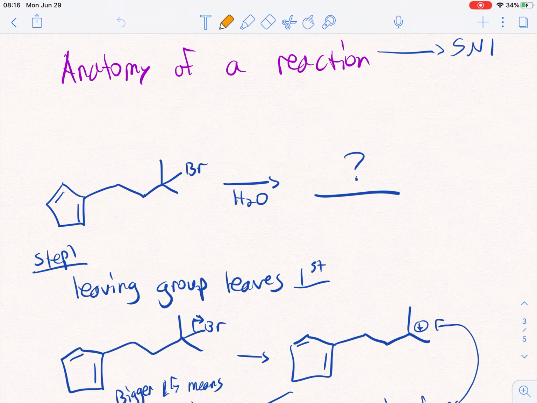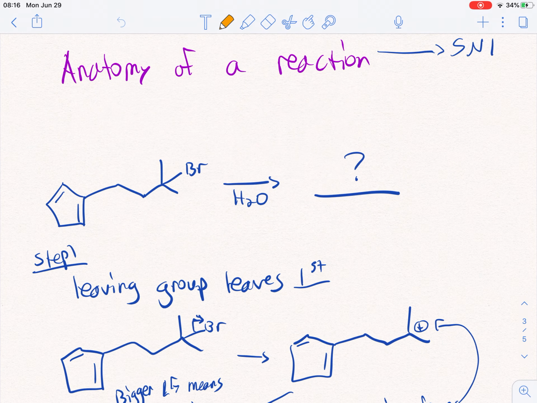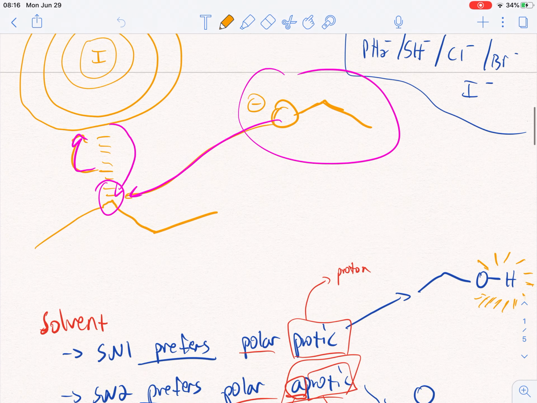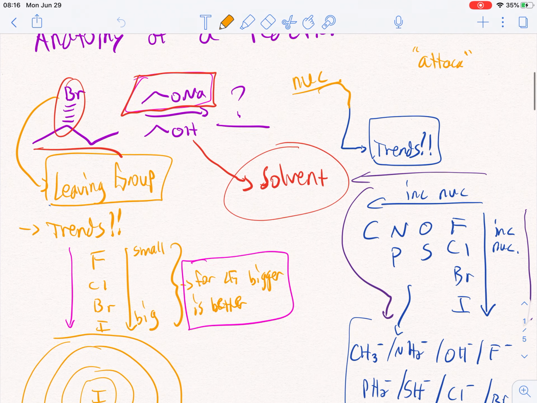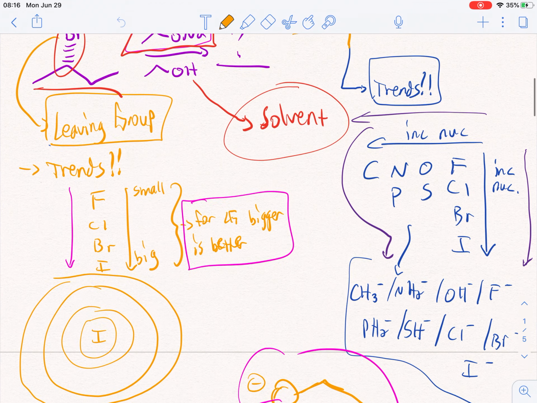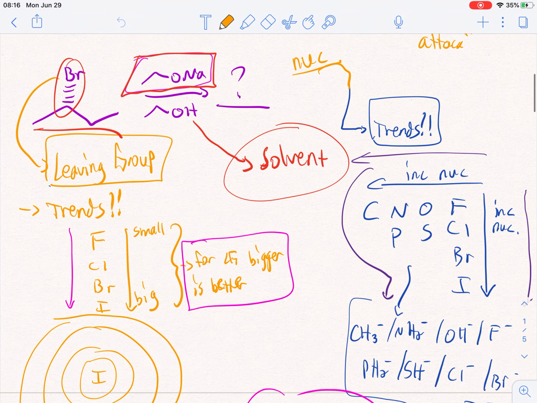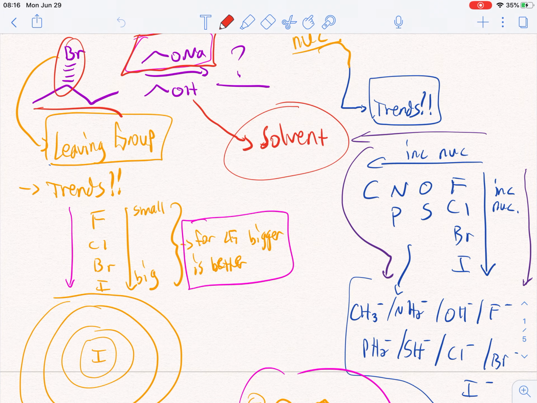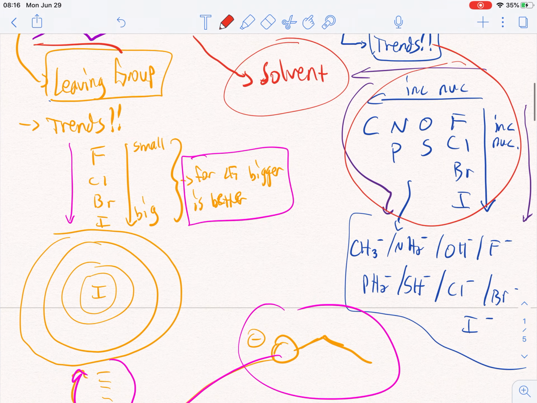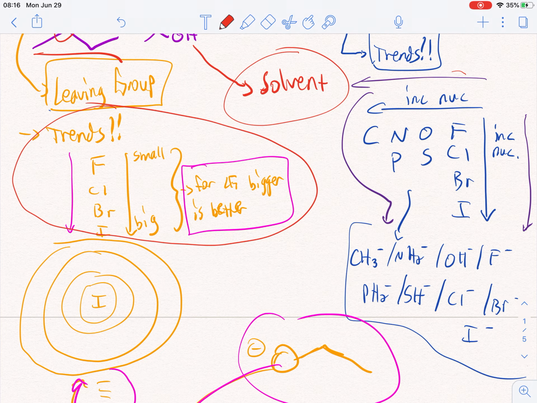So let's go through the anatomy of a reaction, right? We did SN2 before and talked about all the different things that we have to be aware of with SN2. And what's important to note is that these nucleophilic trends and leaving group trends still apply to SN1.